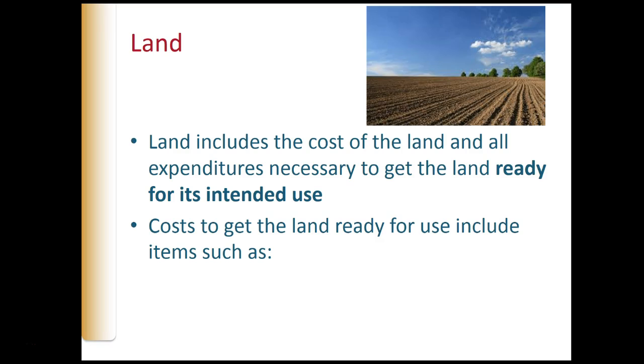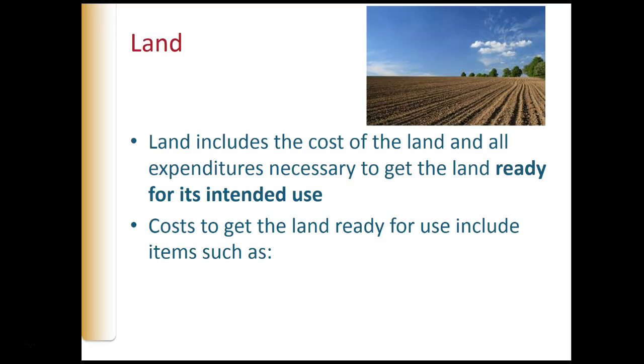The land account represents land a company is using in its operations. We capitalize to land all expenditures necessary to get the land ready for its intended use. So these types of costs include the purchase price of the land plus closing costs, such as fees for attorneys, real estate agent commissions, title searches, recording fees, and if the property is subject to back taxes or other obligations, we also include those amounts.